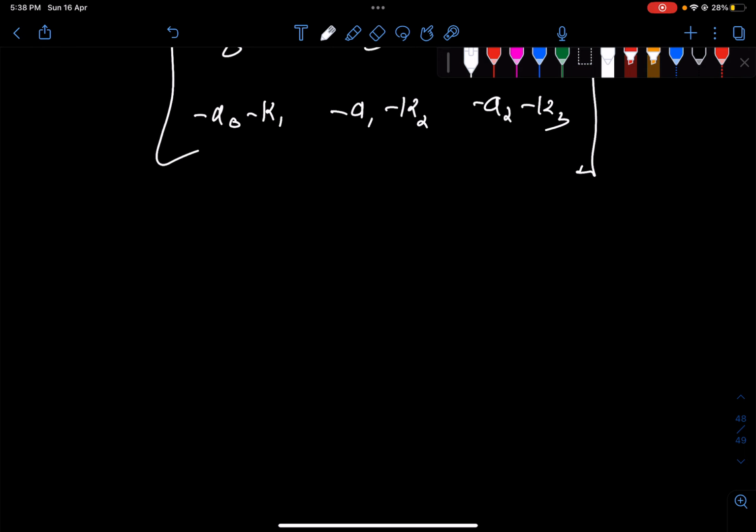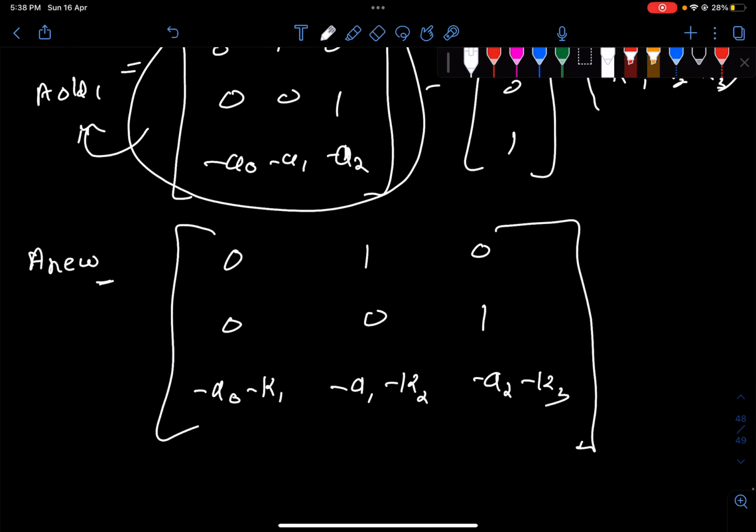Hope you understood this. After introduction of the controller, the A matrix changes: minus A0, minus A1, minus A2 get minus K1, K2, K3 added. That's the only change, nothing more.